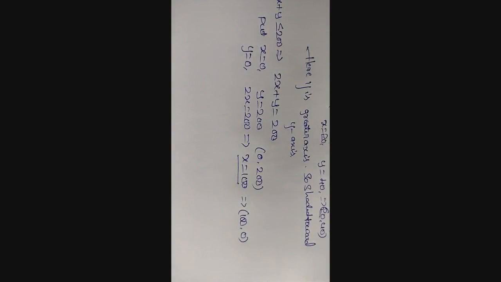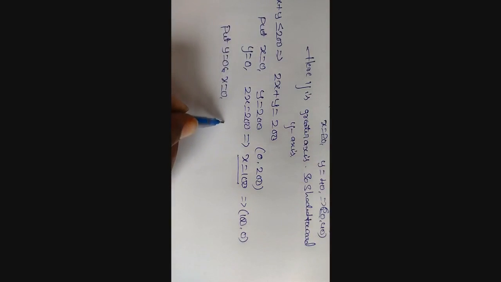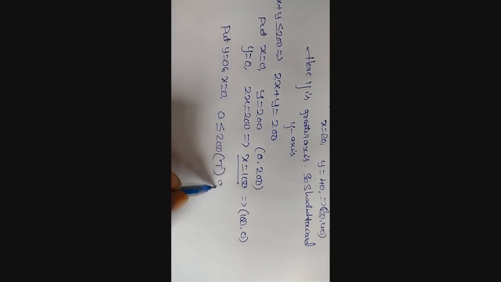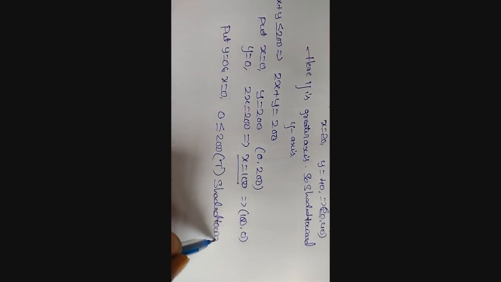Clear? And put y is equal to 0 and x is equal to 0. The given inequality is 0 less than or equal to 200. The condition is true. Shaded region towards the origin.